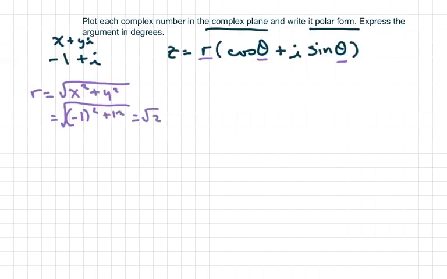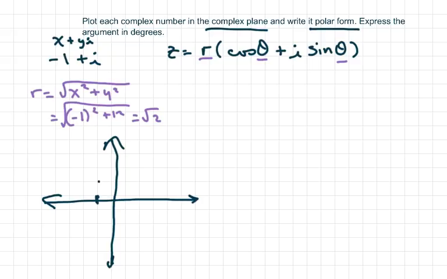Alright, and then for our angle, what I like to do is go ahead and kind of graph this, try to write this as straight as I can. So, negative 1 on the x and 1 on the y.